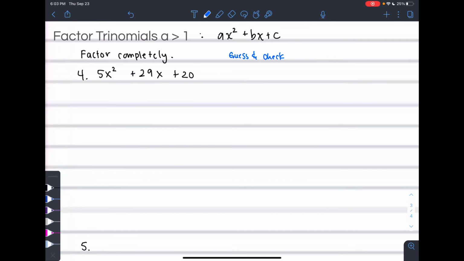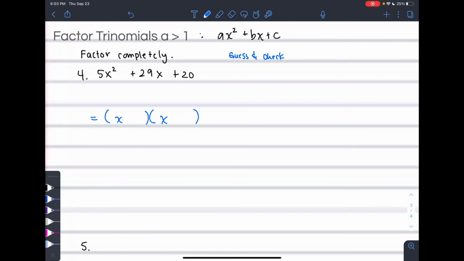So here we are. Now, when we guess and check this, we unfortunately have to switch it up, right? The first terms now have to multiply, in this case, to 5x squared.